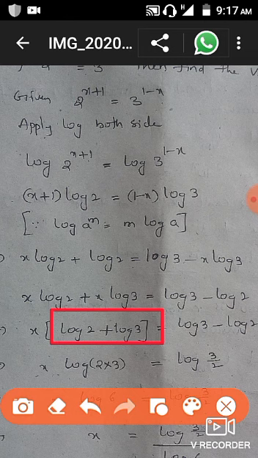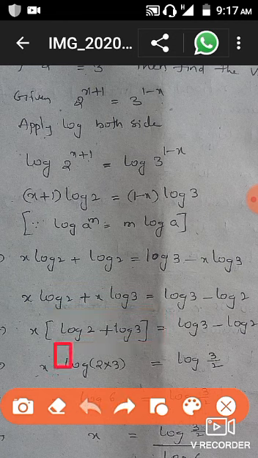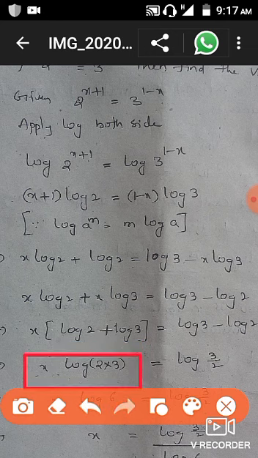Now x is common and we have log 2 plus log 3. The expansion of log mn is log m plus log n, so we write log 2 plus log 3 in the form log mn, which is log 2 into 3. So the step is x into log 2 into 3.